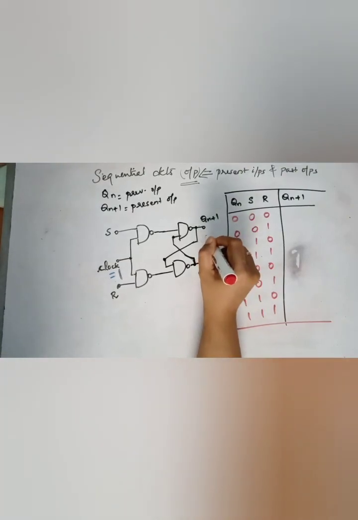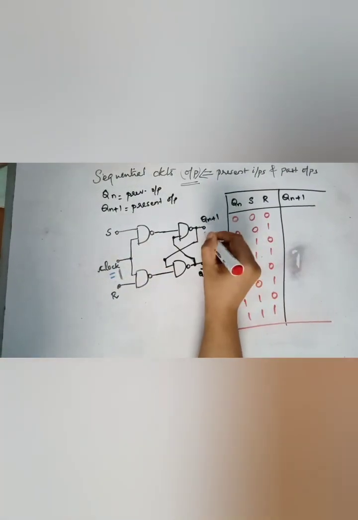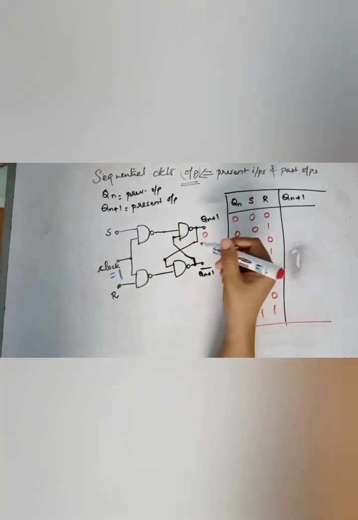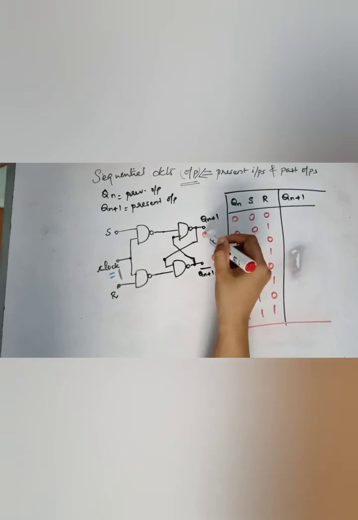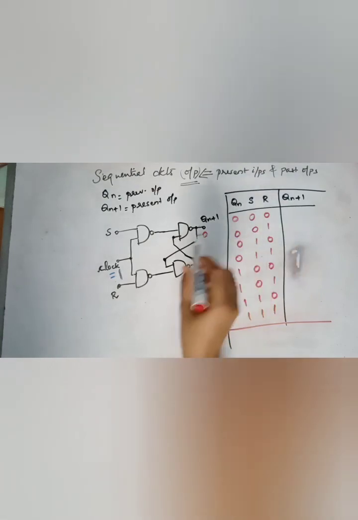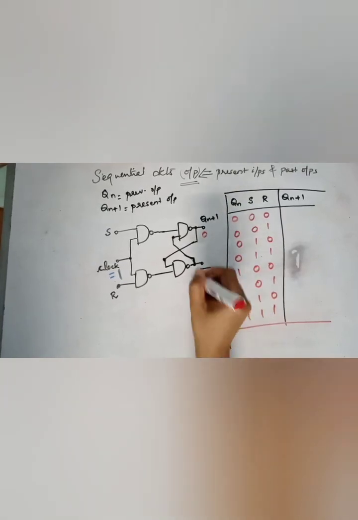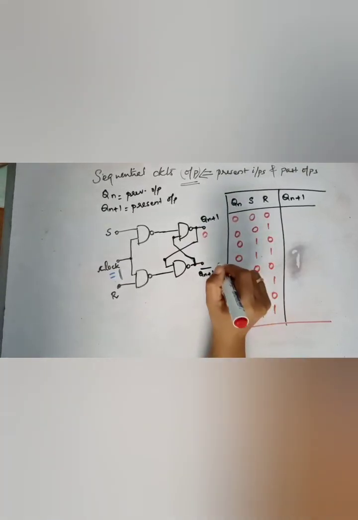Initially, we are talking about the previous state. Initially, this was 0. I want to know what the next state is. This is Qn, and I'm going to find out what Qn plus 1 is. Qn is 0, that is what I know. So if Qn is 0, naturally this should be 1.